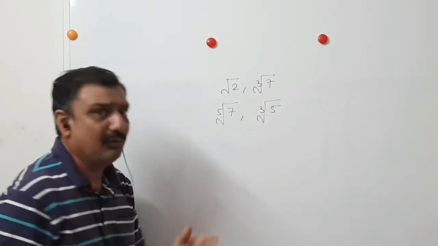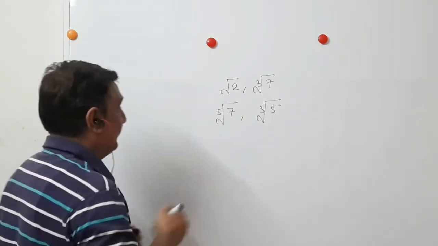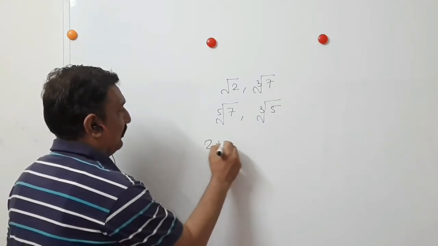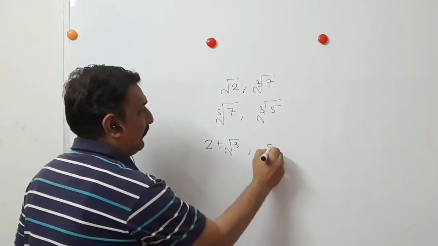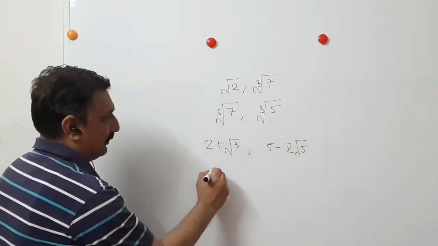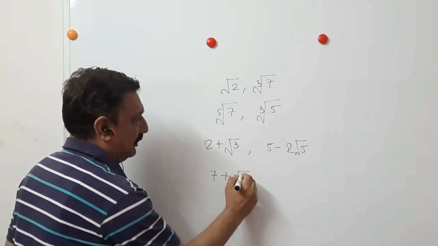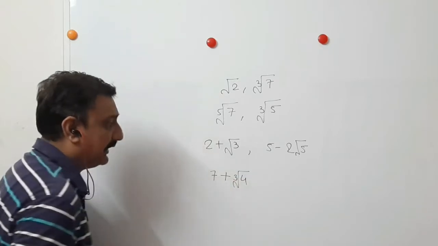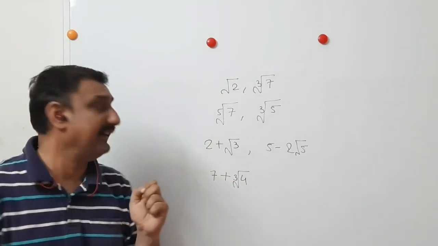But if you express a combination of rational and irrational, suppose 2 root 3, 5 minus 2 root 5, 7 plus root 3, 4 root 3. So these are combinations of rational and irrational.